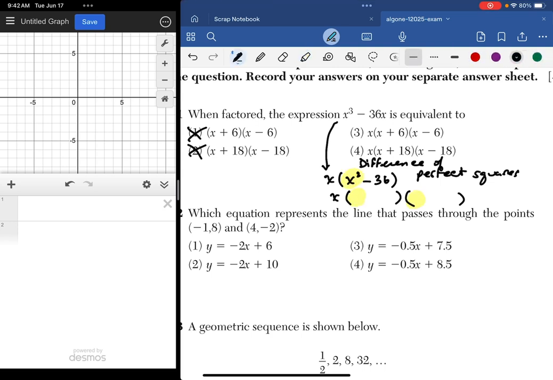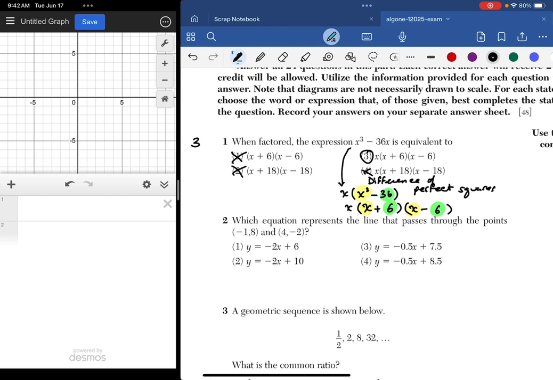So it's going to be x and x. No help there. Then my second term, 36. Take the square root of that. 6 and 6. And for a difference of perfect squares, we alternate the signs, 1 positive, 1 negative. Right, but once you recognize that it's going to be 6, you can dismiss choice 4 and go right for choice 3.